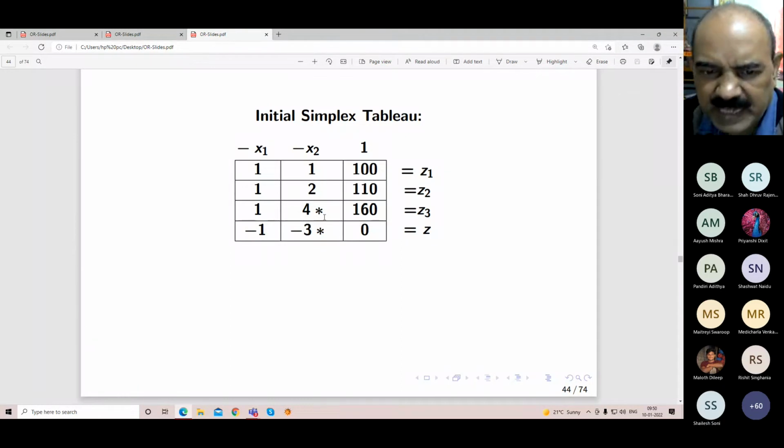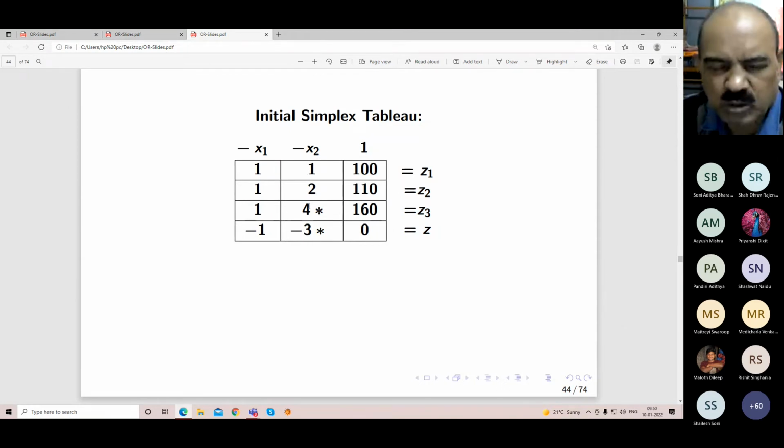So we are finding the minimum ratio, and you can divide because these 1, 2, and 4 are all positive. If you find one of them is negative or 0, you cannot divide. 0 certainly not, and if it is negative, we will not divide either.